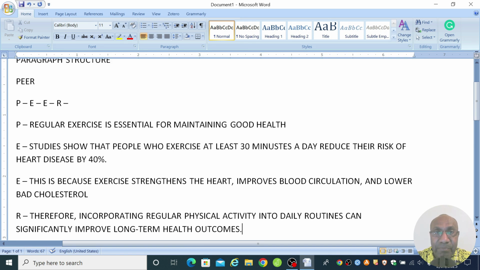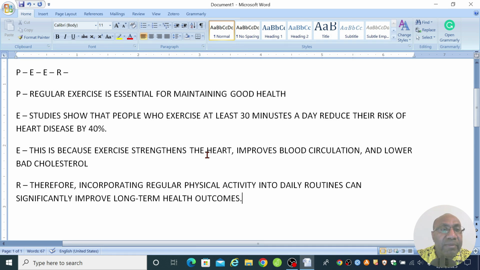So the entire paper is made up of a series of paragraphs, right? So this is a very simple example to illustrate the PEER structure.